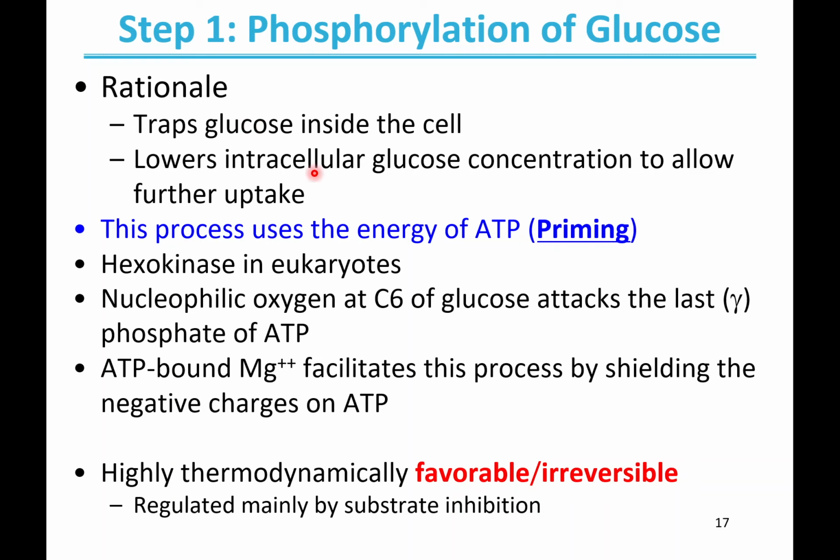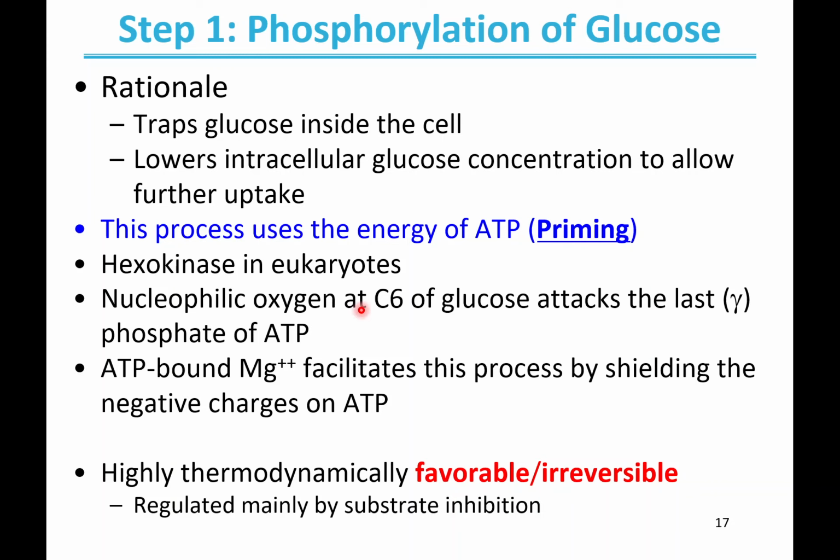You're also changing the molecule from glucose to glucose 6-phosphate, so in a sense you're lowering the concentration of glucose inside the cell, which allows further uptake of glucose. So that would be the rationale behind it. The process, again, uses energy in the form of ATP. You can think of this as a priming step.